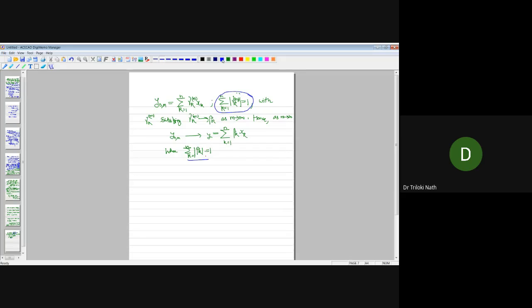So clearly, all beta k, k equal to 1 to n, cannot be 0. Because this summation is 1, at least one of the beta k is not 0.